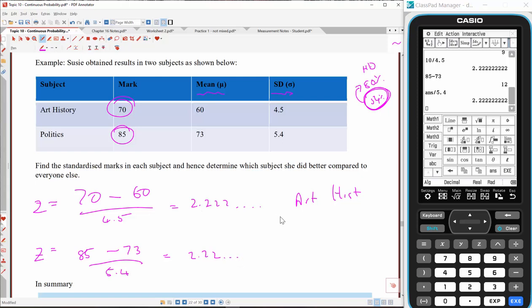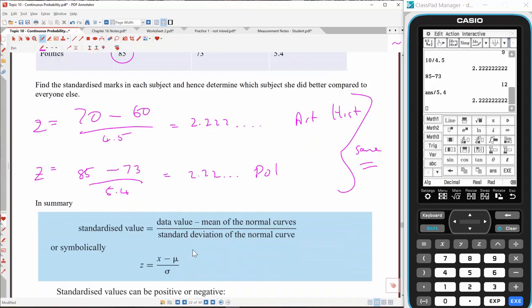So that's Pol. While she may hang her head in shame over her art history result, oh, I got a 70, compared to Pol, I did much better in Pol, actually she's done the same. She's achieved very well in each of those subjects, top 2.5% in both. So between 2 and 3 standard deviations.